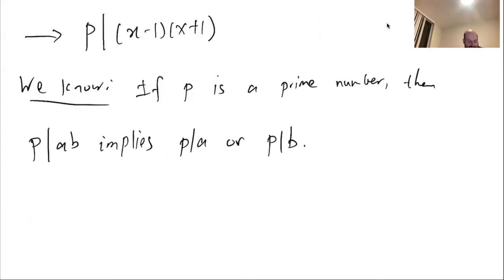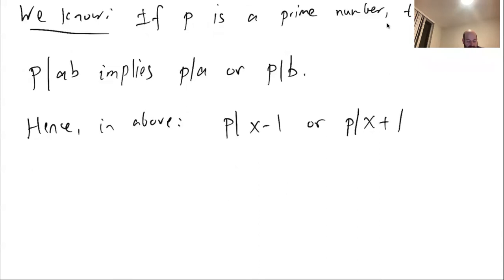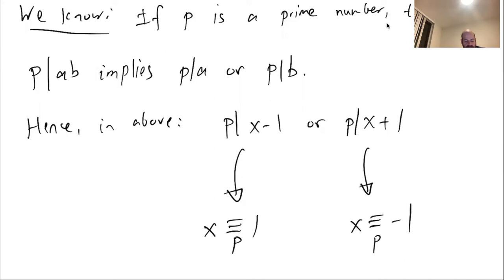Now, hence, in the above, we can say that p divides x minus 1 or p divides x plus 1. Now, p divides x minus 1 means x is 1 mod p, right? x congruent 1 mod p is the same as saying that p divides x minus 1. And similarly, p divides x plus 1 is the same as saying that x is congruent to minus 1 mod p.